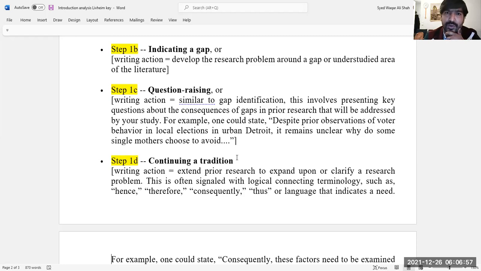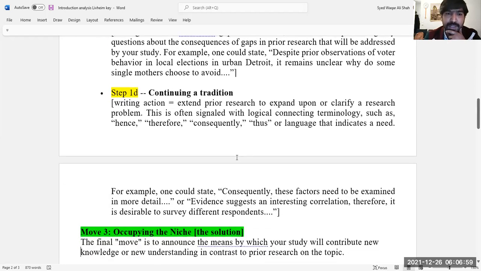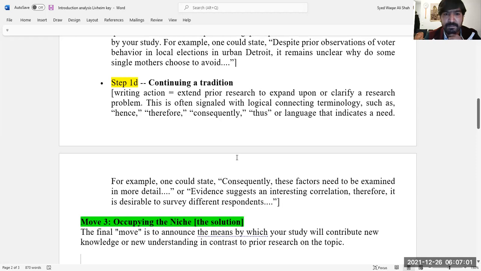And then we have continuing a tradition. By continuing a tradition, we mean that sometimes there is already so much research on a particular topic within the same theoretical and methodological position. Some people believe that because some topics have been studied, we cannot conduct research on them again.